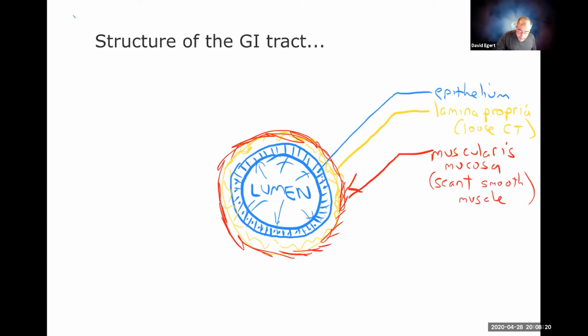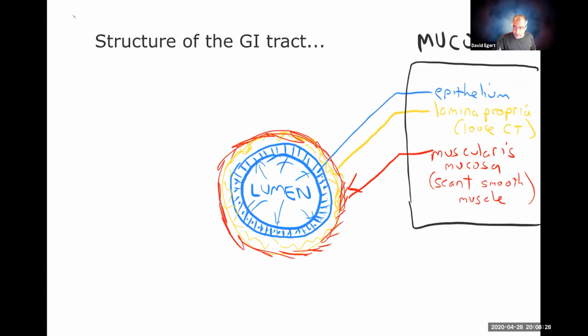So all of these together, this is called the mucosa. The mucosa is an epithelium, which is the thing directly lining the lumen. This lamina propria, which is loose connective tissue just under the epithelium.